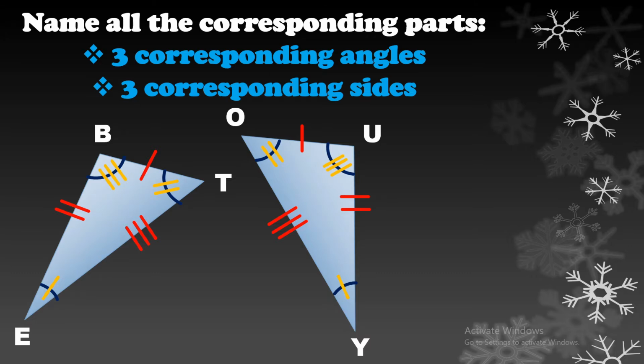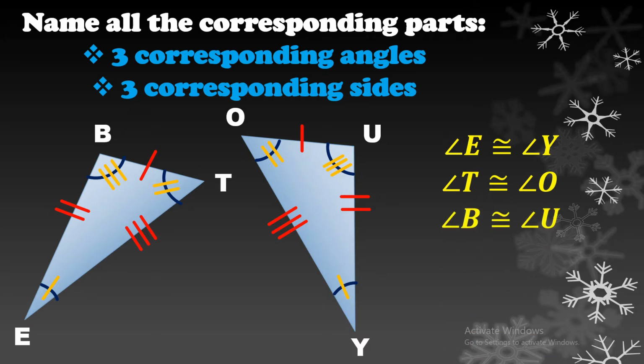Using the tick marks, we have angle E is congruent to angle Y, the angles with 1 tick mark. And for those with 2 tick marks, we have angle T and angle O. For the 3 tick marks, we have angle B and angle U.